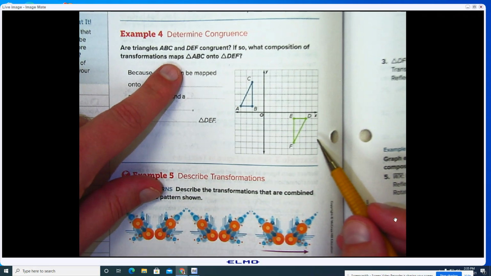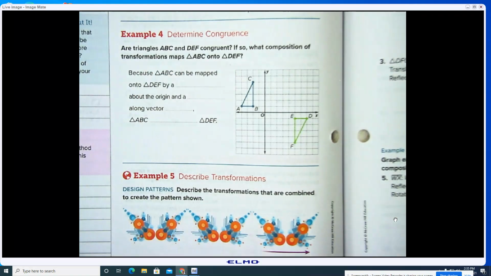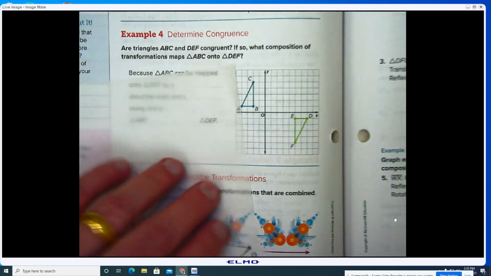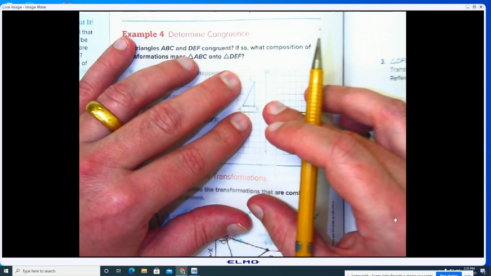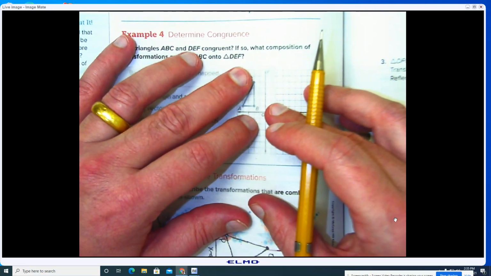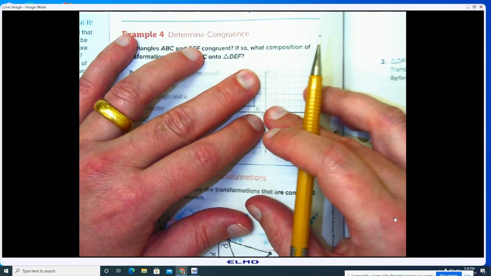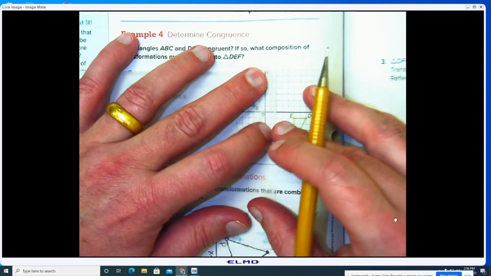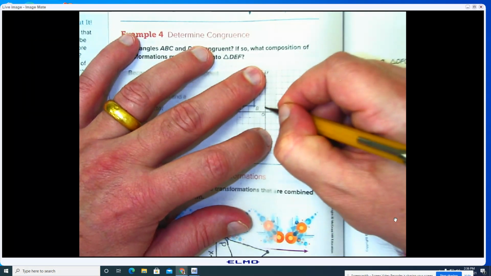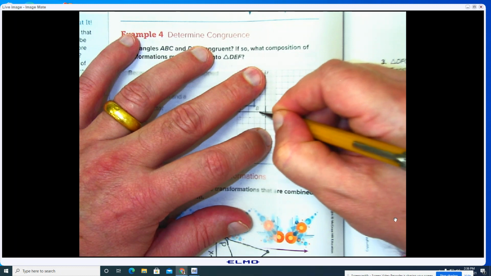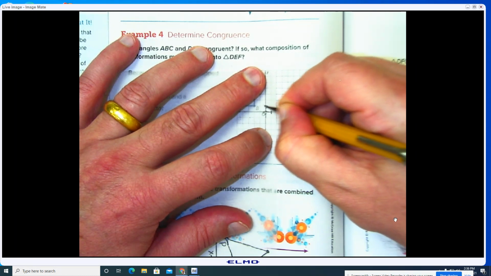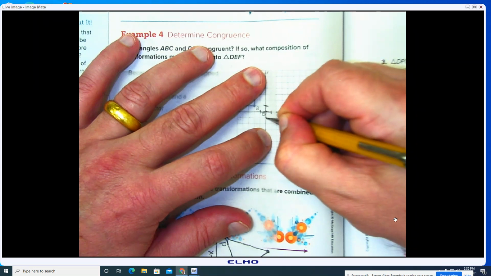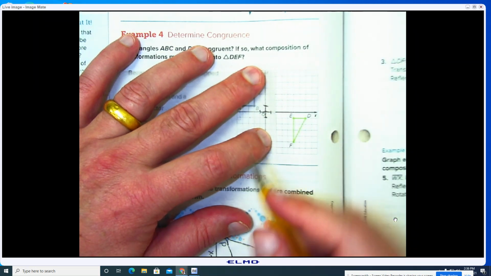How can we land it on top of it? I'm going to see if the patty paper will work on this little tiny graph here. So I'm going to do it the same way. I'm going to line up the grid with what I have here. I'm going to do a little X on the origin as my reference point. And I'm going to mark off the little endpoints.